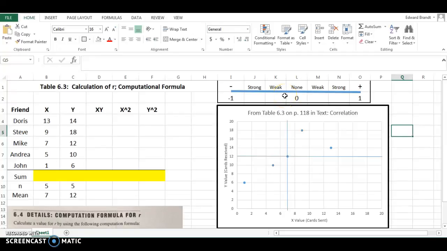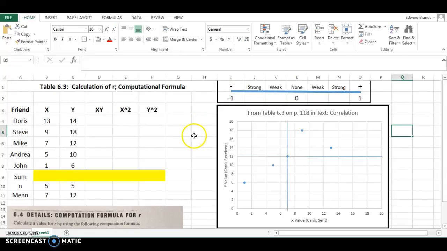So the two things you want to look at when measuring a relationship are the positive or negative direction, and just how strong it is. Where it's getting closer to 0, it's a weak relationship. Hopefully this visual will help you a little bit in comparing the numbers.